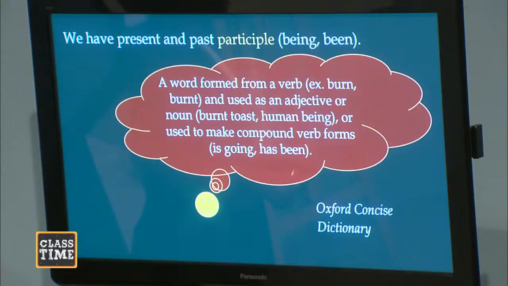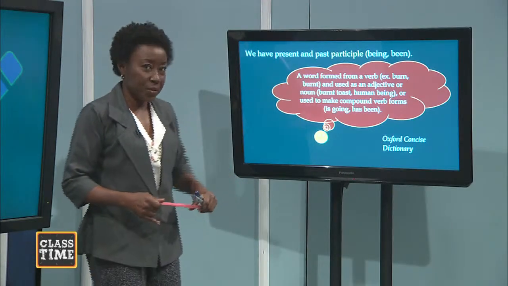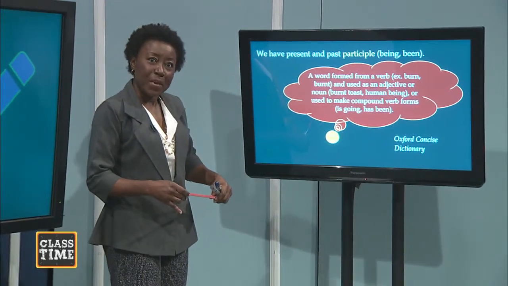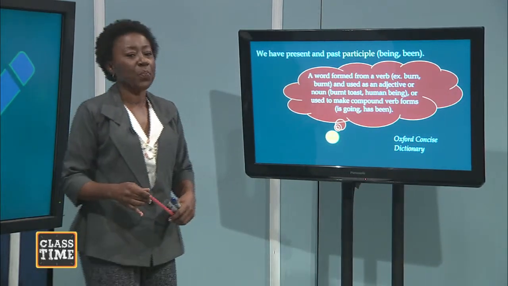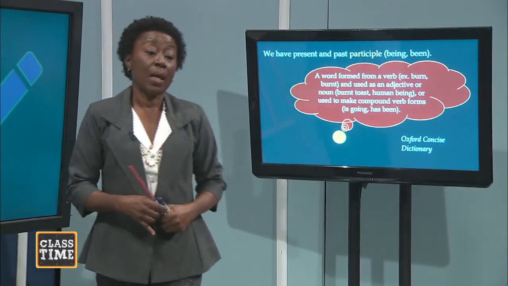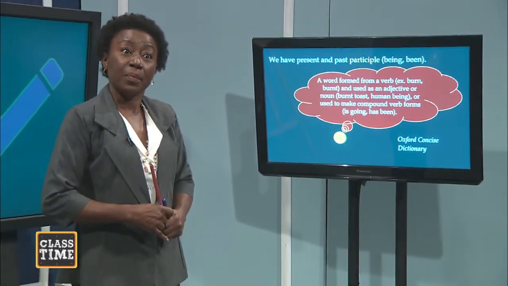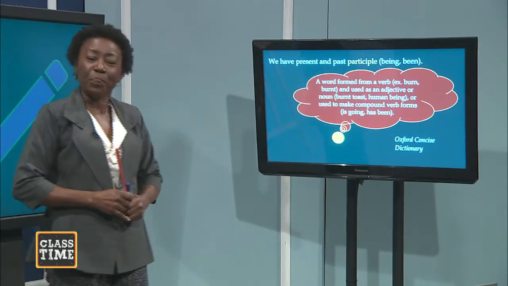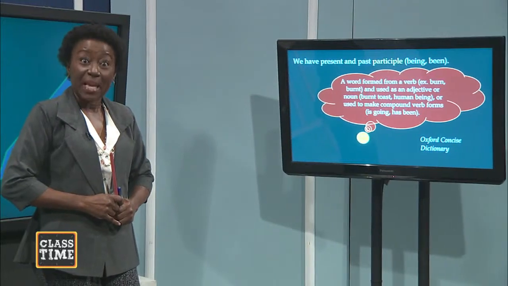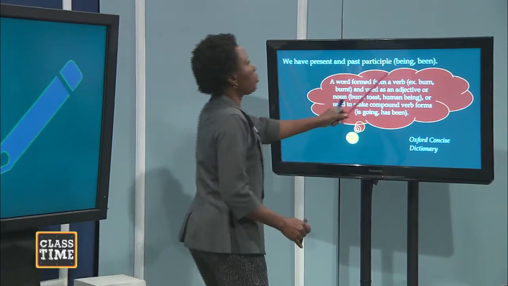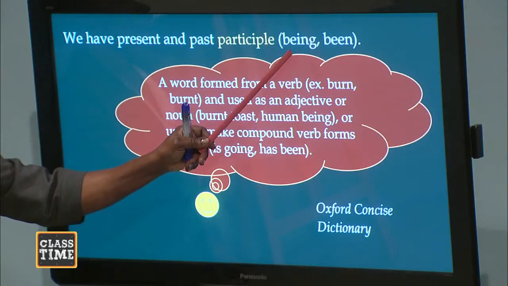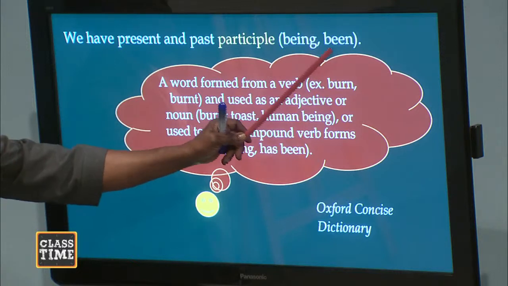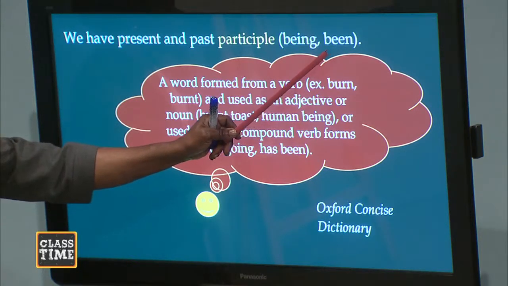Remember that chart with is, and are? Yes, be. Be comes from the existence family of verbs. So be, past tense of be would be was. All right then? And the present participle form of be is being. Okay? Being. And the past participle, been.